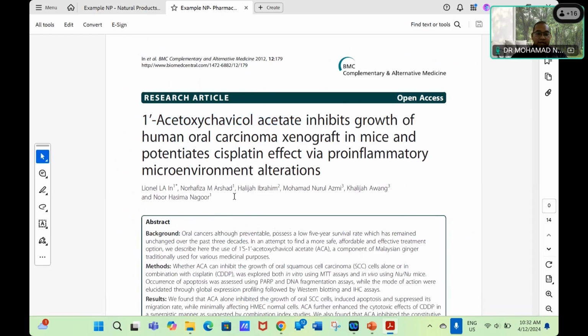I was in UM. They were doing some mechanistic studies. In this case, I'm not the first author, I'm just a co-author, including my supervisor. The first author is Lionel, who is now a lecturer in UCSI, and also Prof. Hashima Nago. So this is an example for the pharmacognosy study.